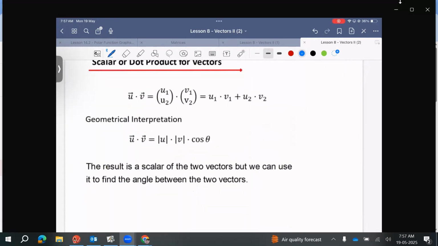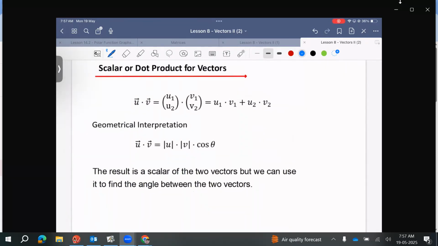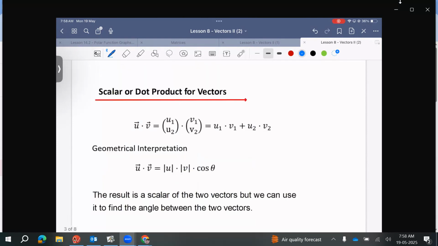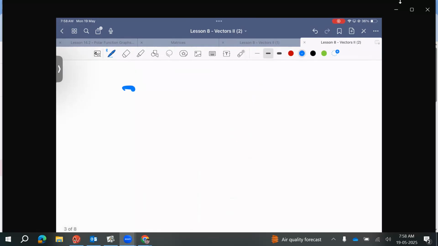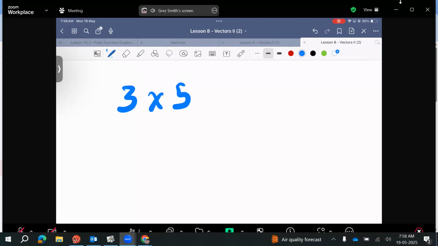Okay, so next up we are going to look at something called the dot product. With vectors and matrices, when you multiply two components together, the result is different depending on which type of multiplication you use. What I'm talking about is, what is 3 times 5? 15.